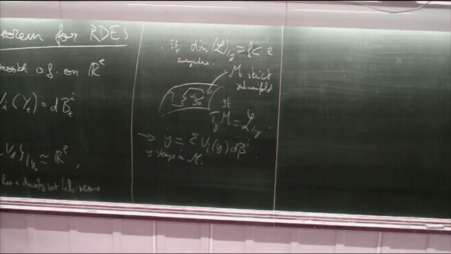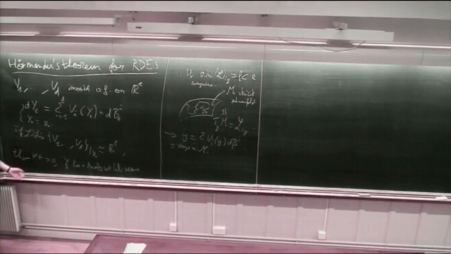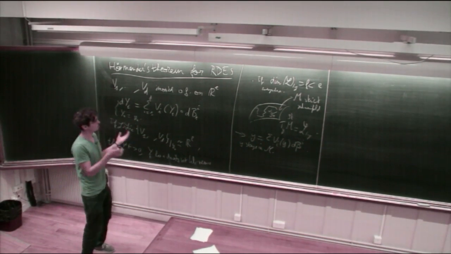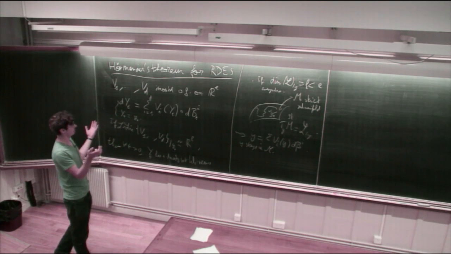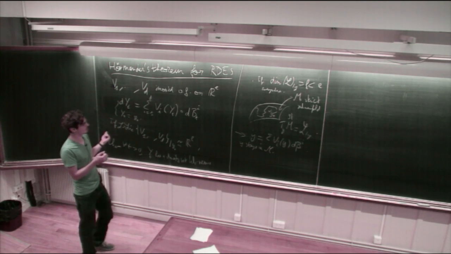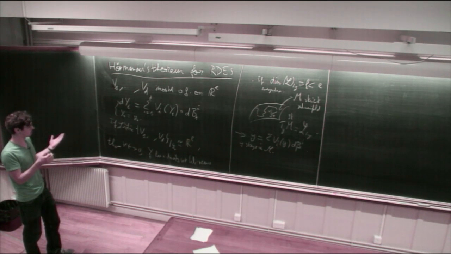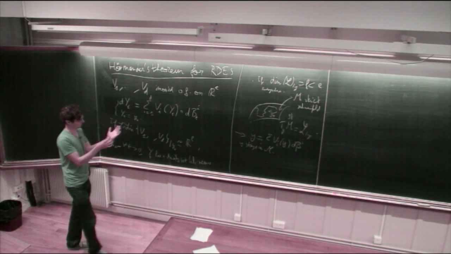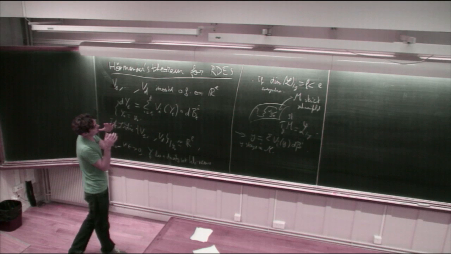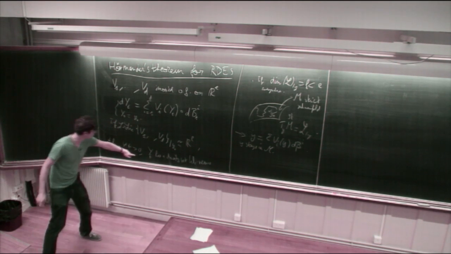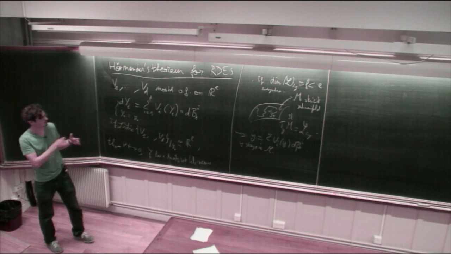And what does it mean to have a density with respect to Lebesgue measure? It means that if you look at any fixed subset of your whole space which has zero Lebesgue measure, then the probability that the terminal value is in this set is 0.